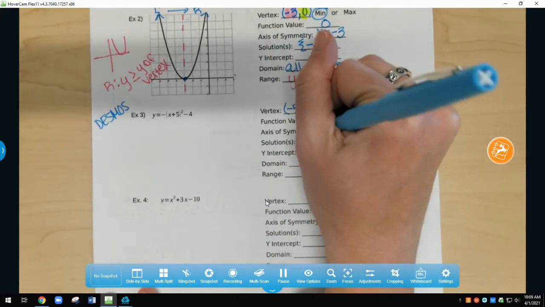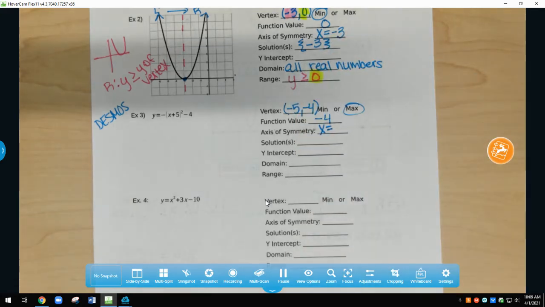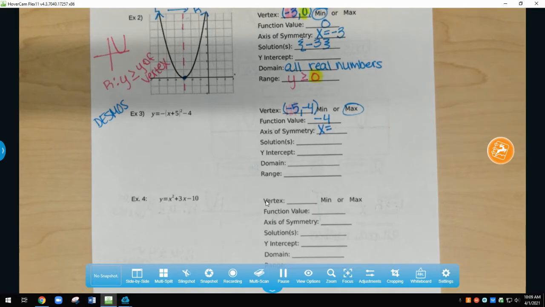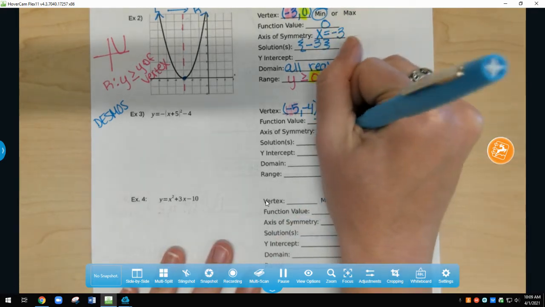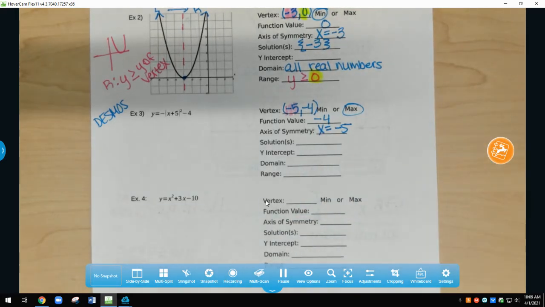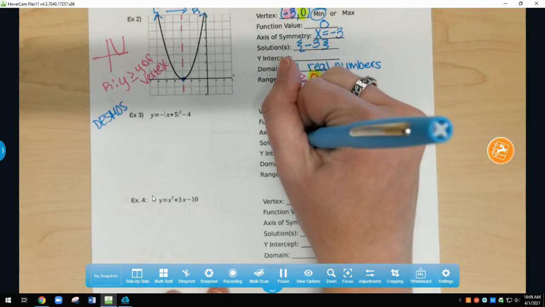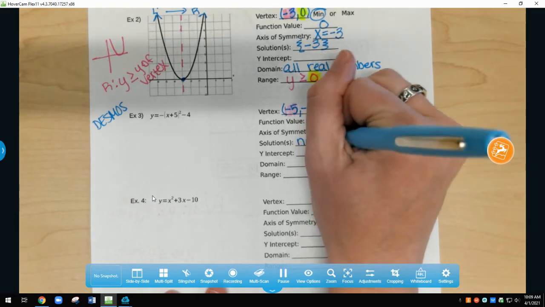The axis of symmetry is x equals the x of your vertex, so -5. The solutions, if we look at this graph, it is never going to cross the x-axis. So there are no solutions.